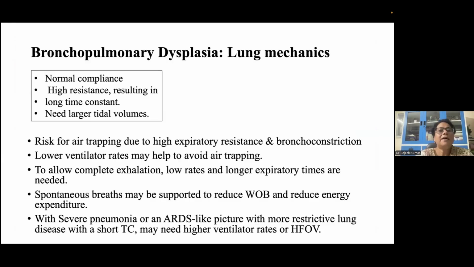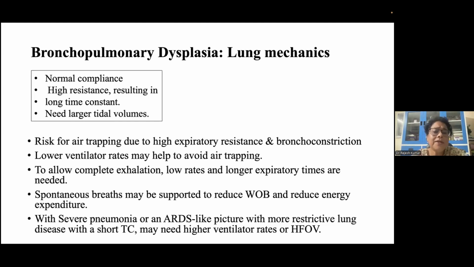While we look at the lung mechanics, we might see normal compliance but very high resistance, resulting in a need for a long time constant, and also a need for larger tidal volumes. There is also risk of air trapping due to high expiratory resistance as well as bronchoconstriction during expiration. To avoid air trapping, we'll have to go for lower ventilatory rates. And to allow complete exhalation, we also need longer respiratory times.